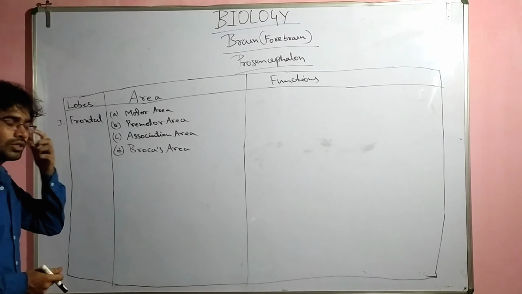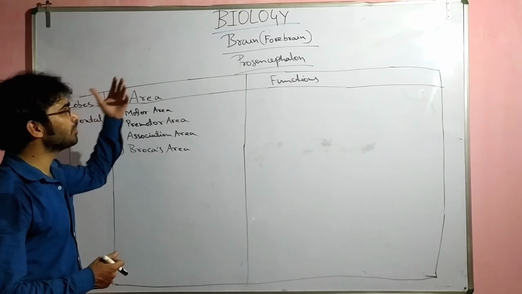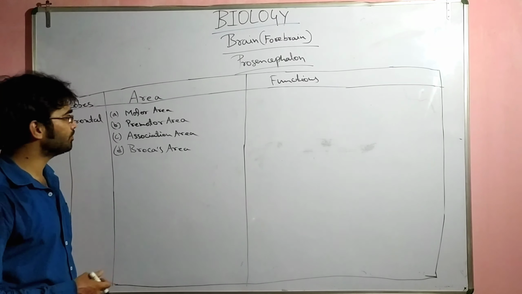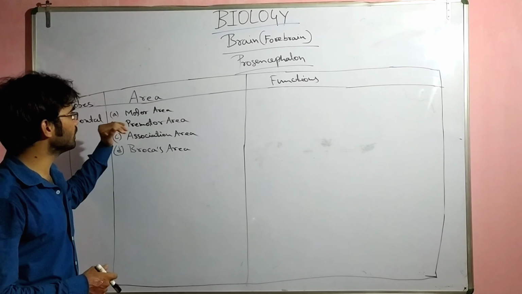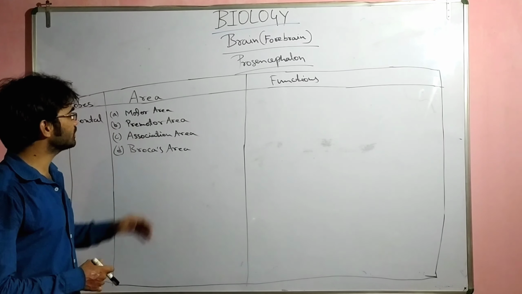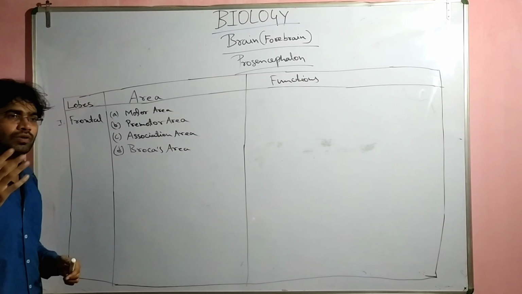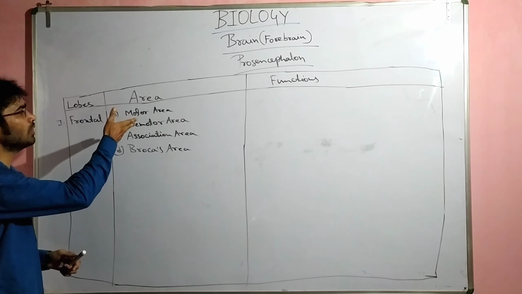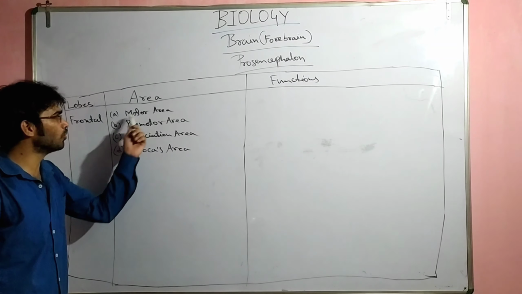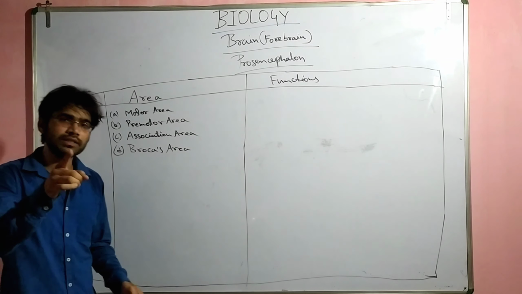As I had told you about all these areas in my previous video, but here I will tell you all the areas' functions in brief, so that you will never miss a particular area's function. The motor area is always in relation with voluntary activity.